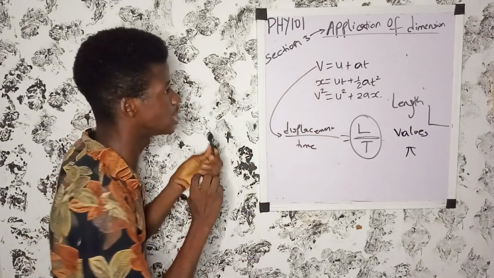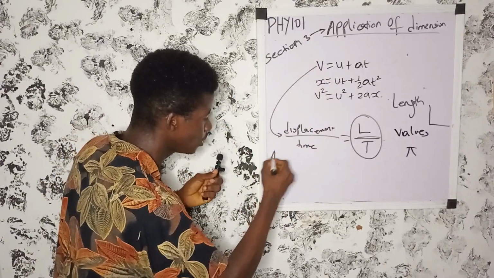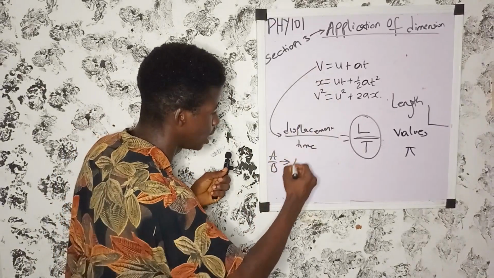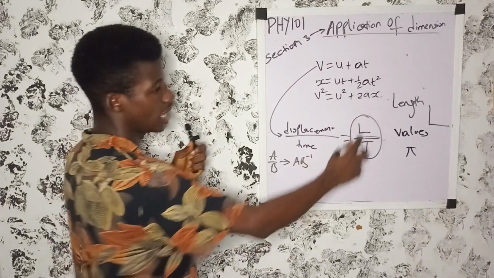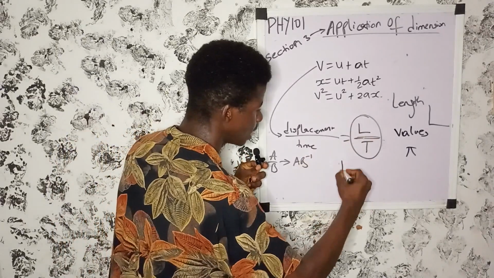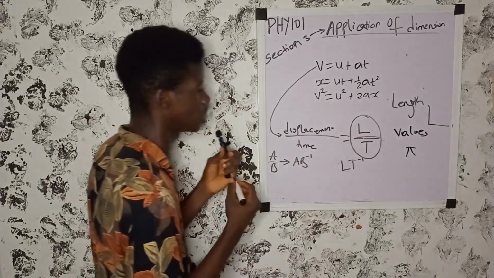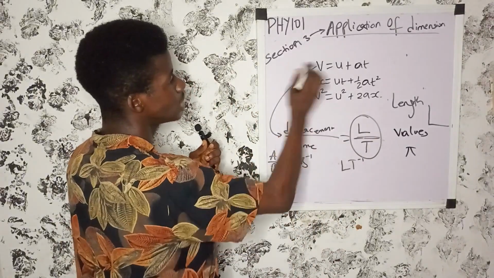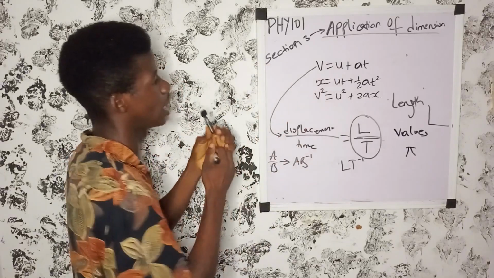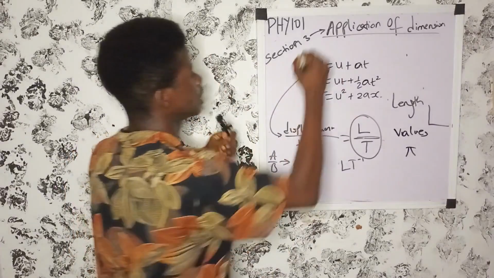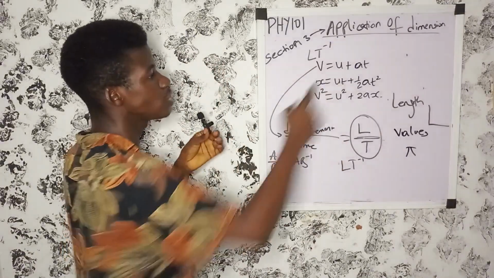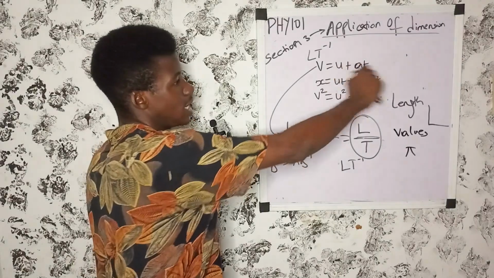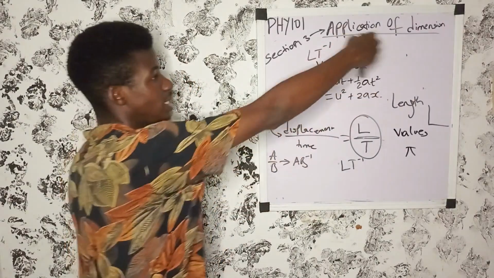Now, according to indices, I said A over B is the same thing as AB raised to the power minus 1. If you compare it with this, L over T is the same thing as LT raised to the power minus 1. So the total dimension at the left hand side of the equation is LT raised to the power minus 1. Now let's look for the total dimension on the right hand side.